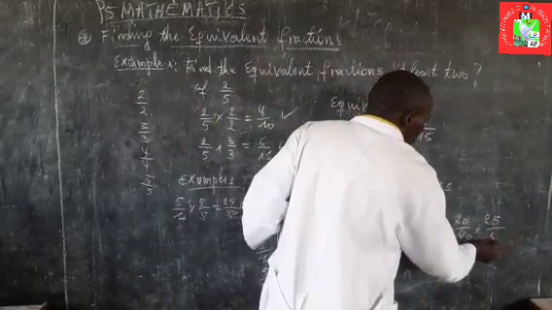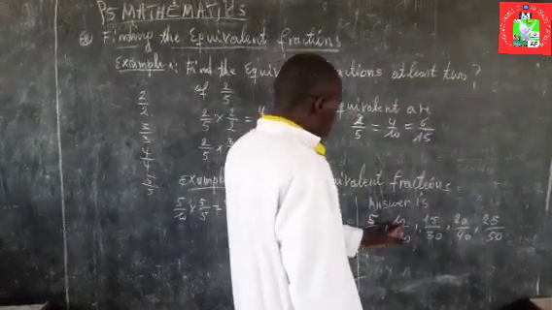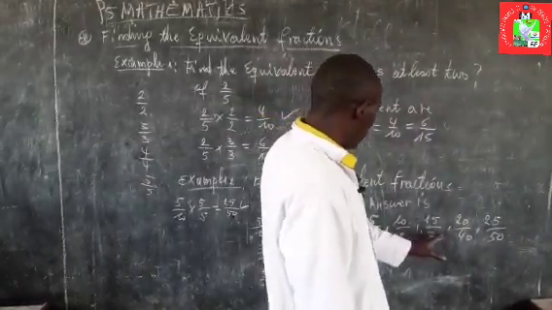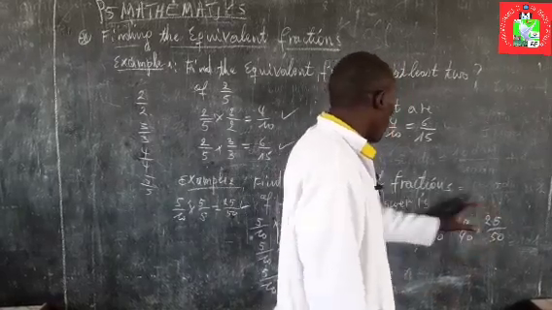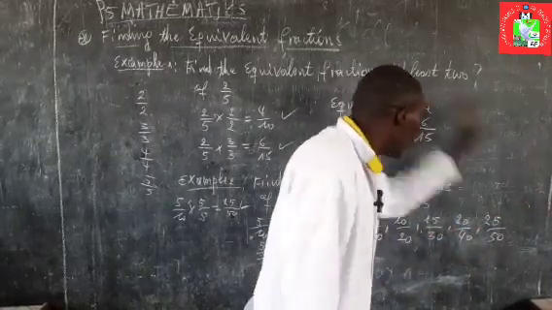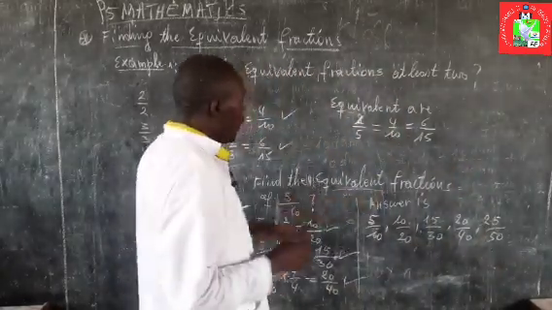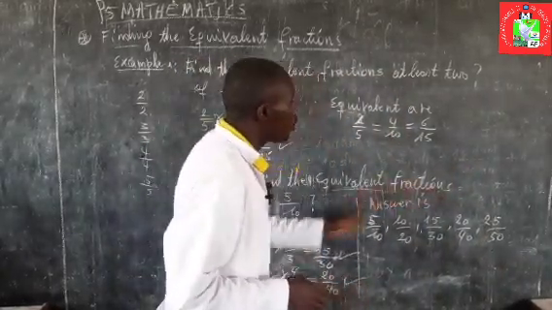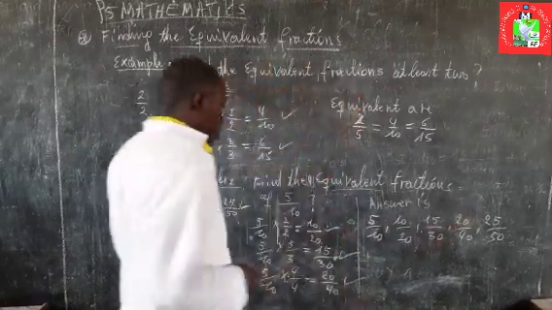This is equal to this one, equal to this one, and equal to this one. All the fractions are equal, because equivalent means equal. Equivalent fractions means equal fractions. When you do this, you get equal solutions.